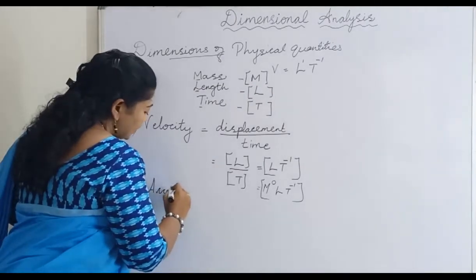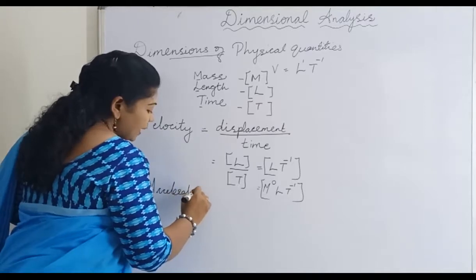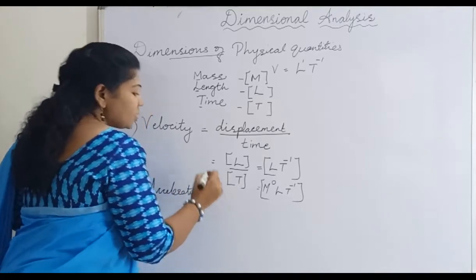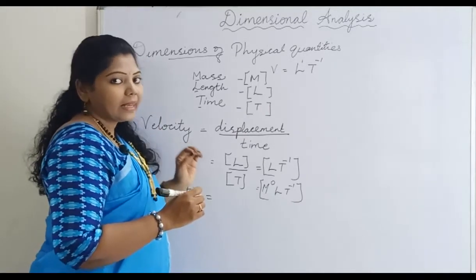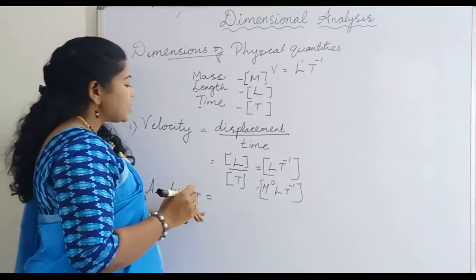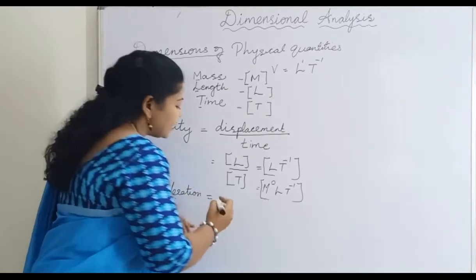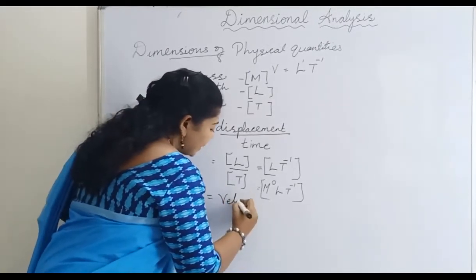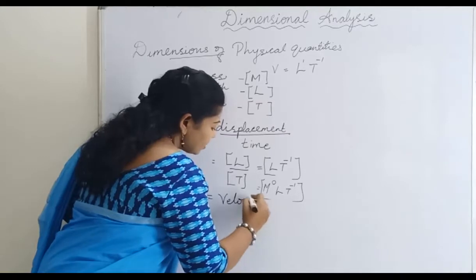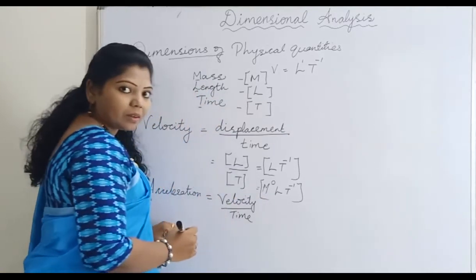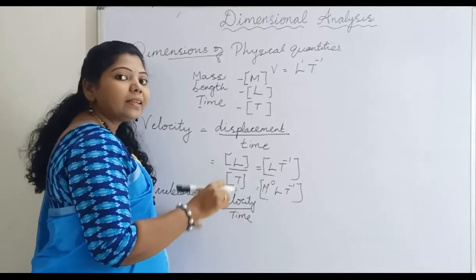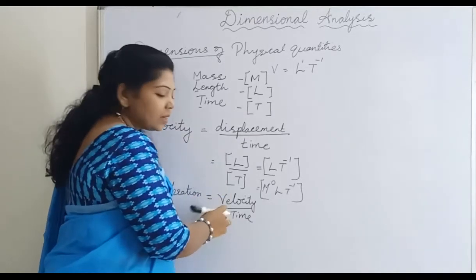The second one we can find is acceleration. How can we write the dimensional formula for acceleration? The first step is to write the expression. Acceleration is the rate of change of velocity, so it is velocity by time. Next we write the dimension of each physical quantity.